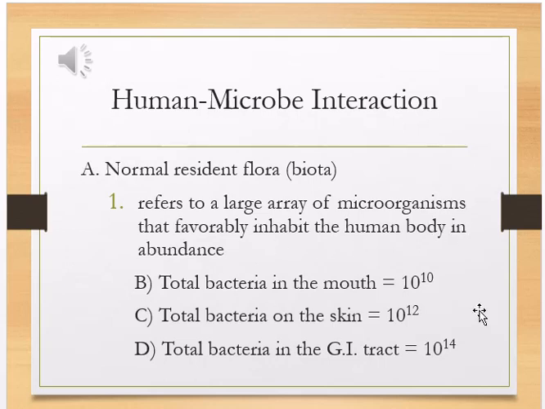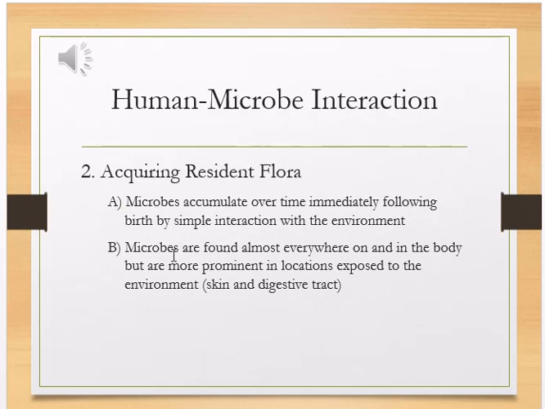If you look at the total number of bacteria found on your mouth and on your skin, just look at that number. The total number of bacteria found in the gastrointestinal tract is 10 to the power 14. Just imagine the massive number of microbes that remain within our body without causing infection.